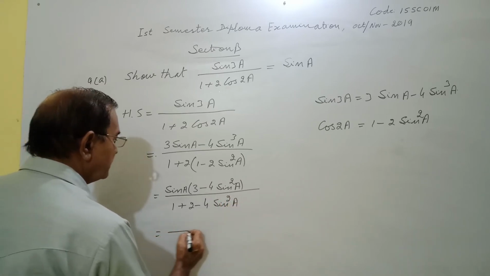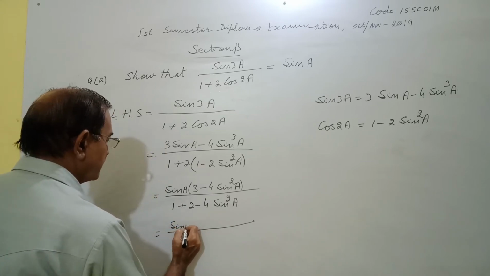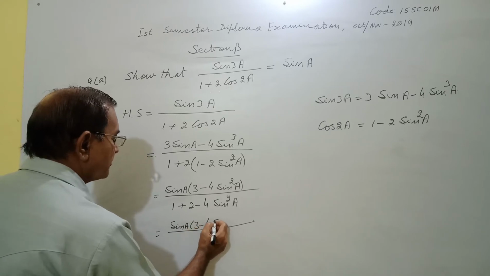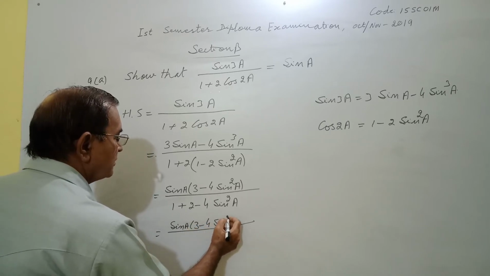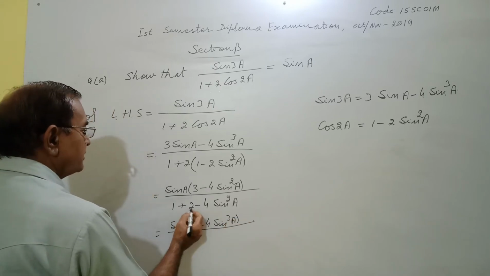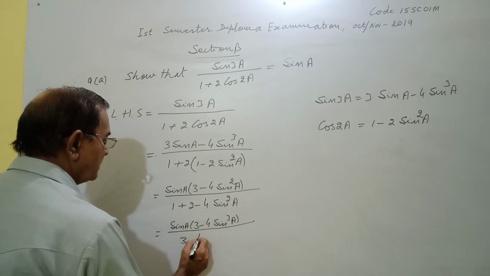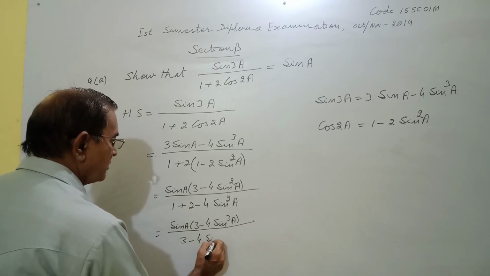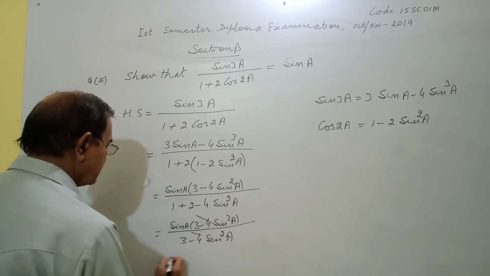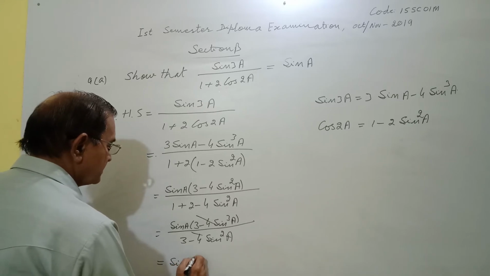Thus it will come out to be sin a times 3 minus 4 sin square a over 1 plus 2 minus 4 sin square a. This is what we can cancel, equals sin a.